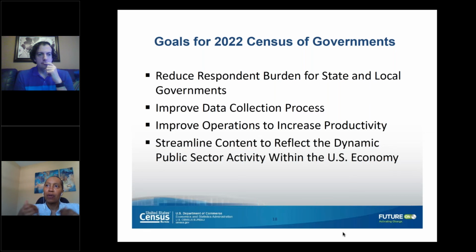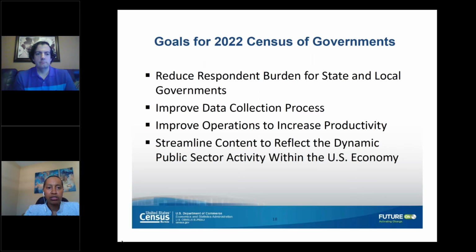So we're in the process of looking at our current content so that we can make sure that it reflects the changing economy and possibly explore new areas that we should be providing data for, so we can provide the most relevant and accurate picture of the financial conditions of state and local governments. We also want to improve some of our productivity by leveraging some of our systems to increase productivity and reduce costs to respondents.